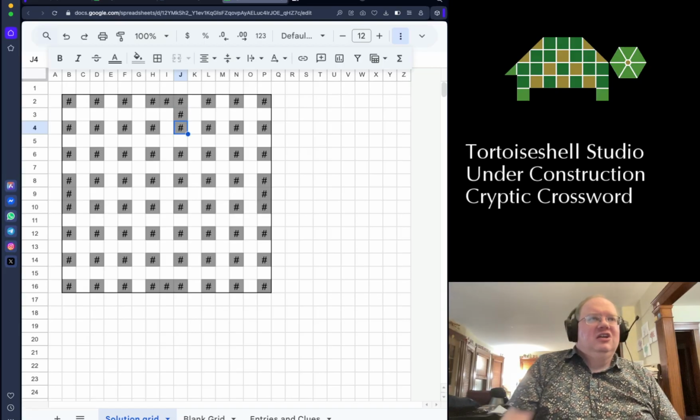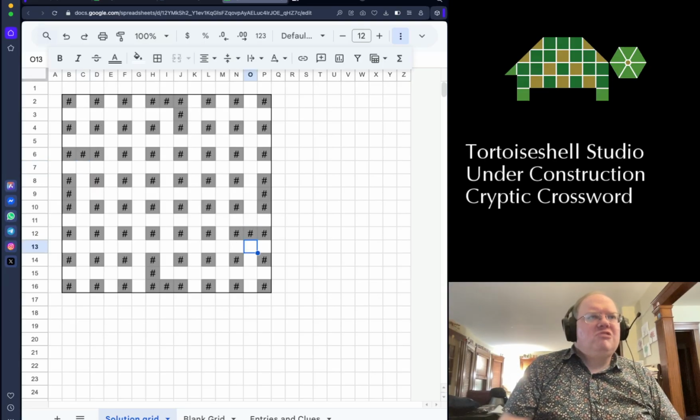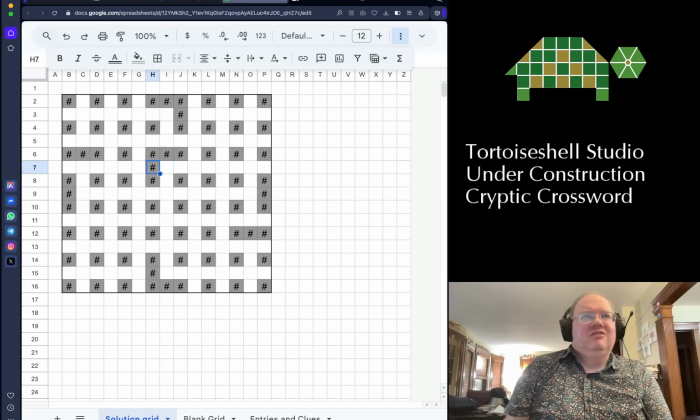So let's put that here and here. And then here, let's do that and that. And the rest of them, as long as we avoid anything that looks like that, which would again create two entries beginning in the same square, we should be good.